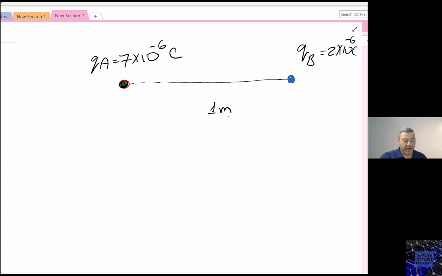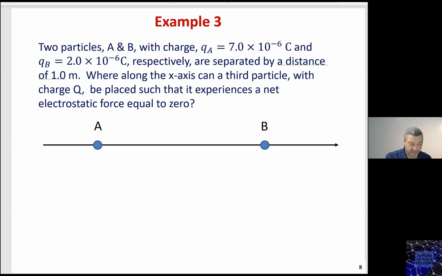So I know QA is greater than QB. So I'm expecting it to be closer to QB. So let me take this one as Q.